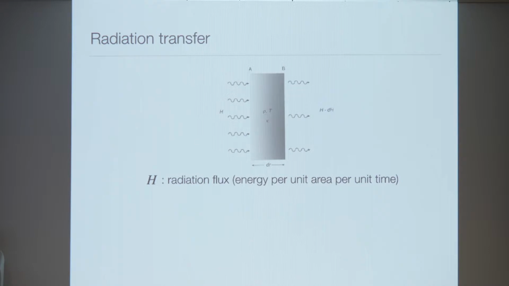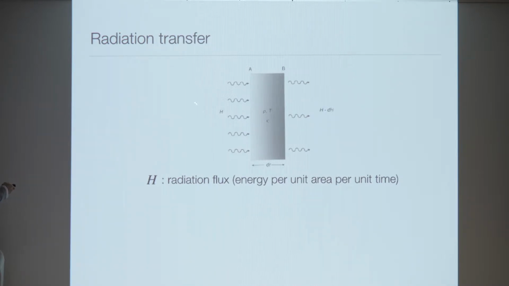So we also have radiation in the stars. This radiation will transfer in the star, and that needs to be taken into account. So here since we don't have much time, I will use a very simple argument to derive the radiation transfer equation. Let's say there's some this kind of stuff here.